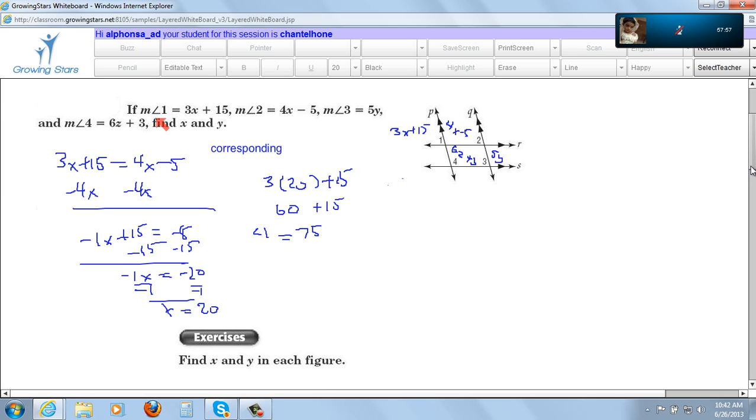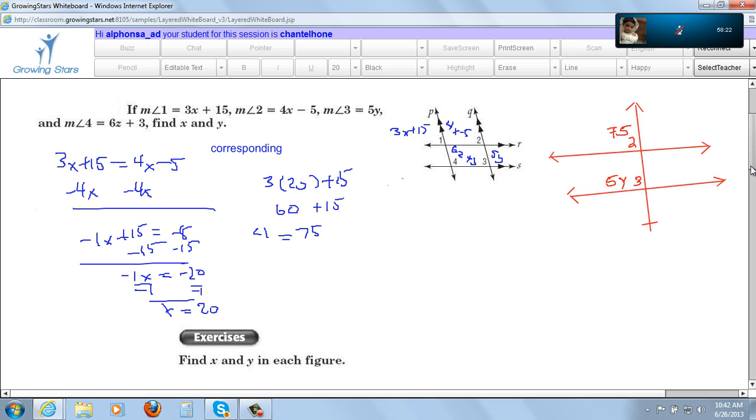Now see, this is the transversal. So this is our angle 2 and this is our angle 3, and this is 5y. Angle 2 is 75.